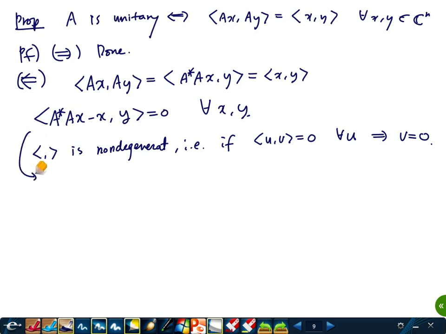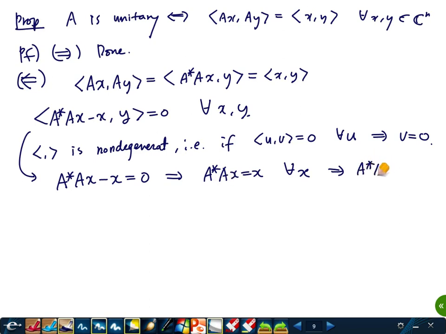That means the first vector must be 0. Or, of course, A star A x equals x for all x. But that means this is the identity matrix. So that's the proof. So unitary means a linear transformation preserving the standard inner product.